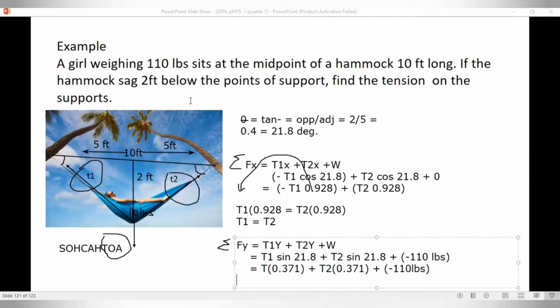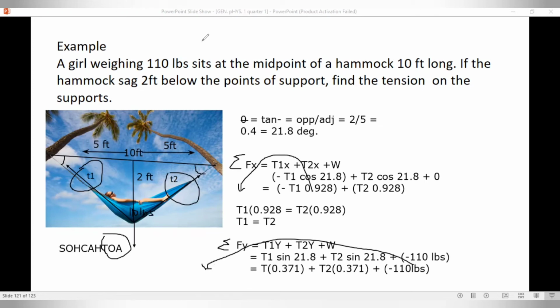Now, since yung ating T1 and T2 ay parehas lang, ililipat natin ito. Ang T1 and T2 natin ay parehas lang, 0.371. Ilipat natin ito dito sa side na yan. Okay?